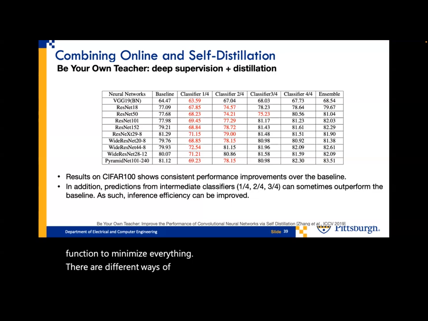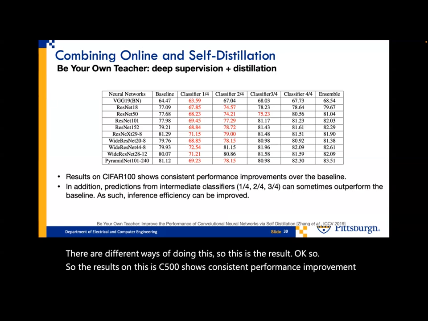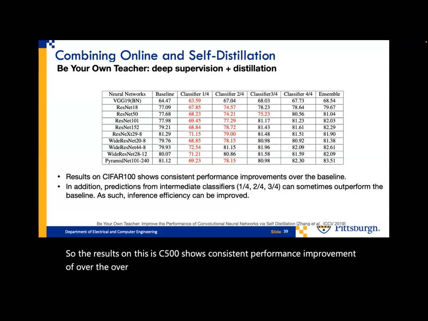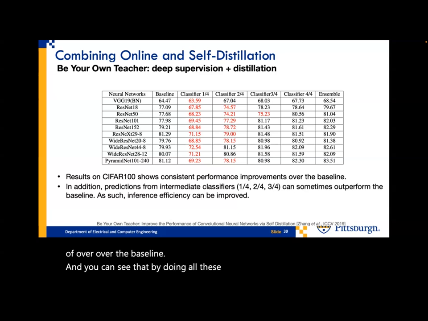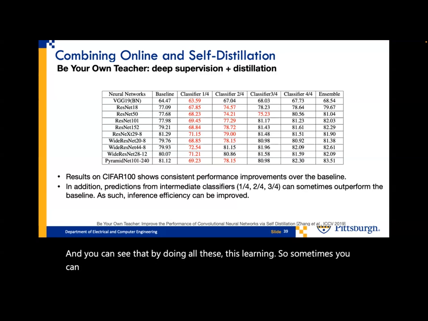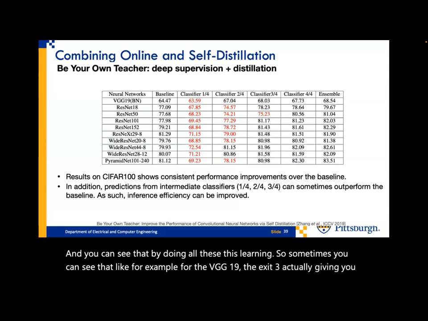So this is the result. The results on CIFAR-100 show consistent performance improvement over the baseline. By doing all this learning, sometimes, for example for VGG19, exit 3 actually gives a higher accuracy than exit 4.